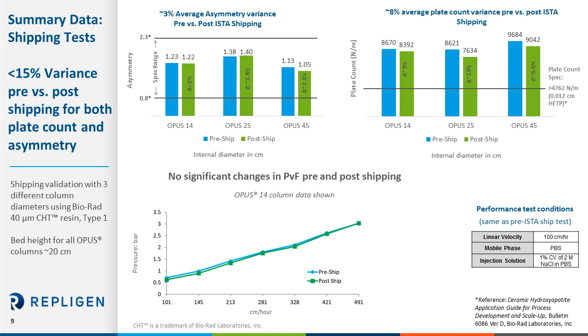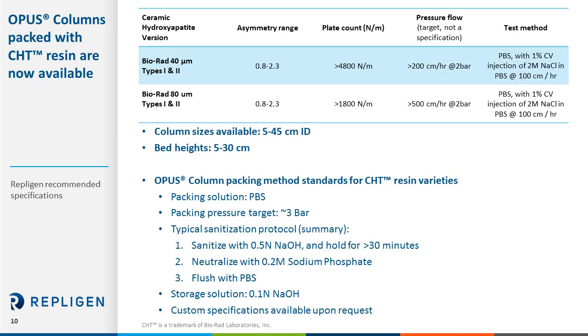In addition, pressure flow, as you see on the bottom of the slide, is also consistent pre and post. There's no discernible difference between those two. So with this data, we can see that OPUS columns do maintain performance during transit, which is the key challenge associated with pre-packed CHT columns.